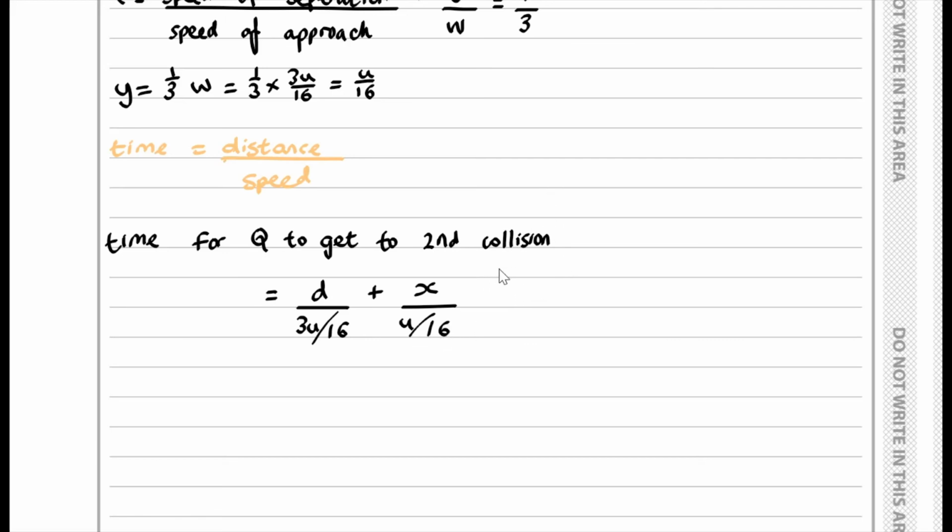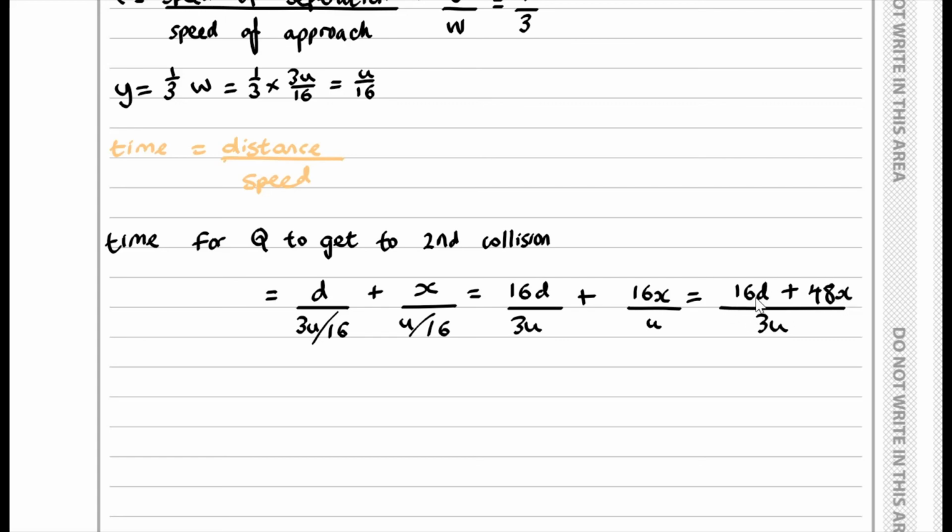Okay, so if we tidy this up a bit, we've got 16d over 3u plus 16x over u, and if we write these over a common denominator of 3u, you'd find we get 16d plus 48x.